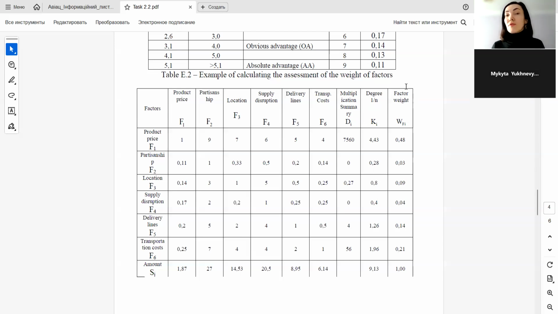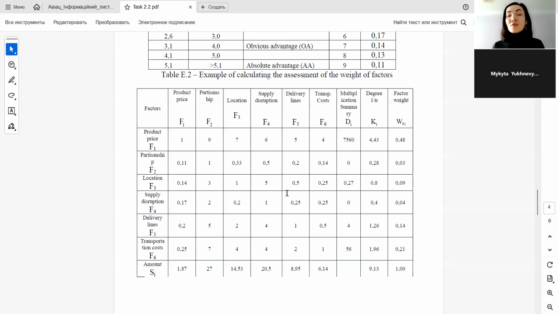It is the same for every variant. It is multiplication, summary, degree and factor weight. What we need to find in this lesson is the last column with factor weight. It is our decision in this lesson. It is the result, and the sum of all these factors will be 1. That is how we check and understand that all the calculation was correct and we did everything right.